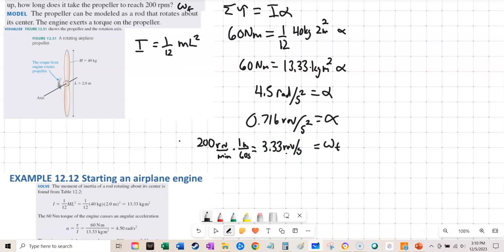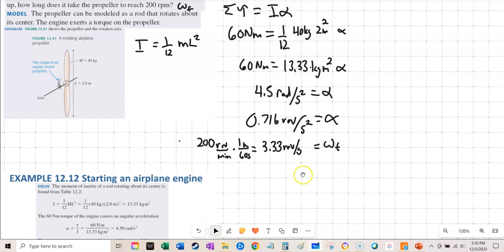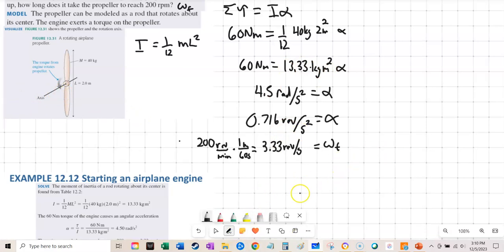So now we're basically just doing a rotational motion problem. They want to know how many theta in revolutions it makes before it reaches 3.33 revolutions per second starting from rest.